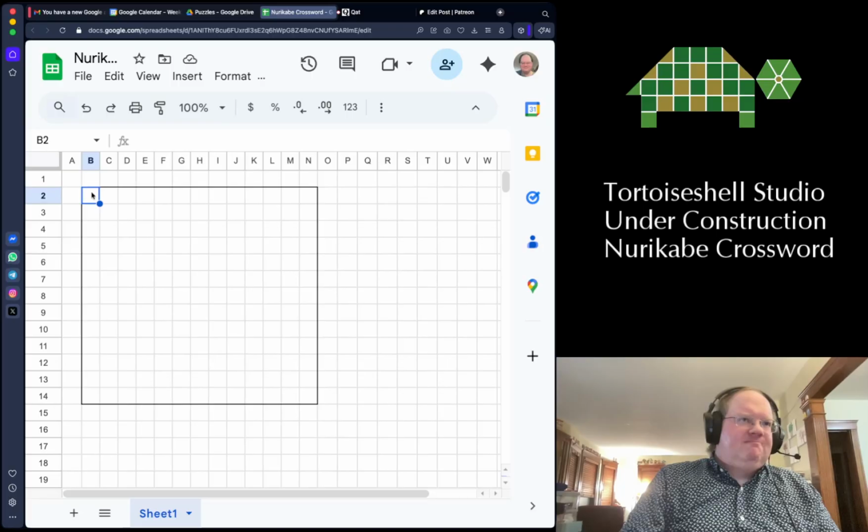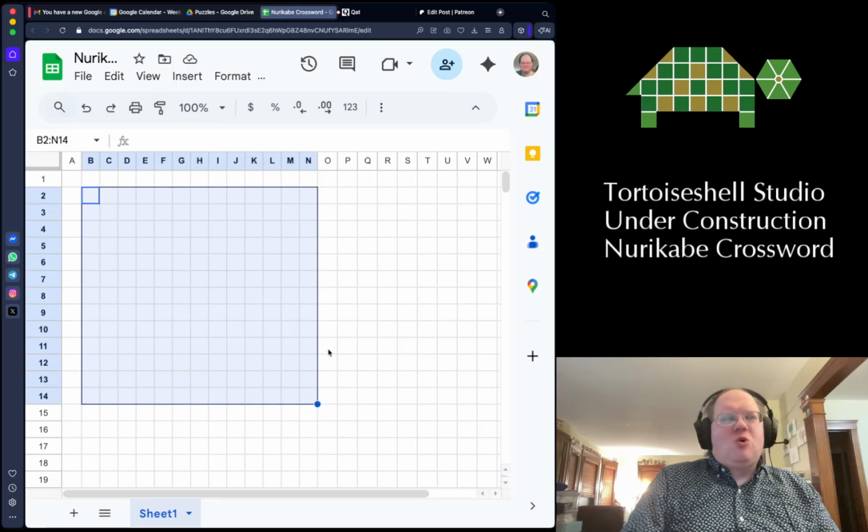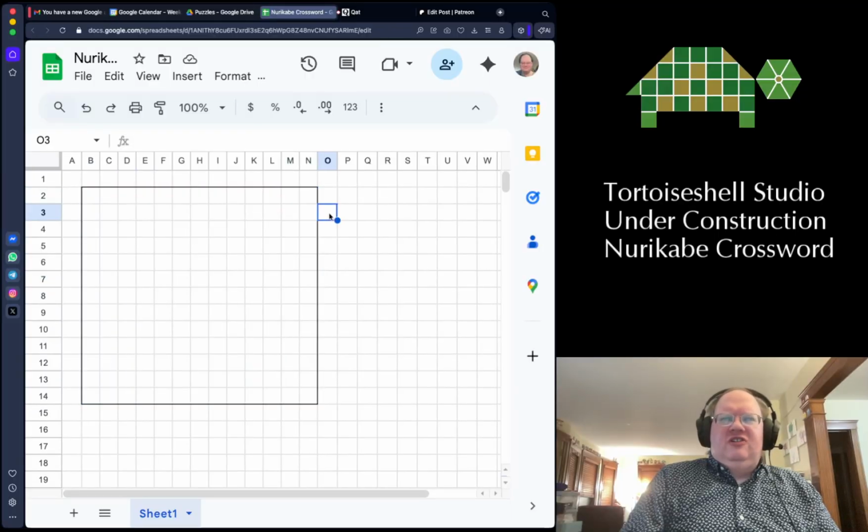If I've got 13 by 13, 13 or 14 is probably the right number of islands to fit in here. So I could have something like Long John Silver.